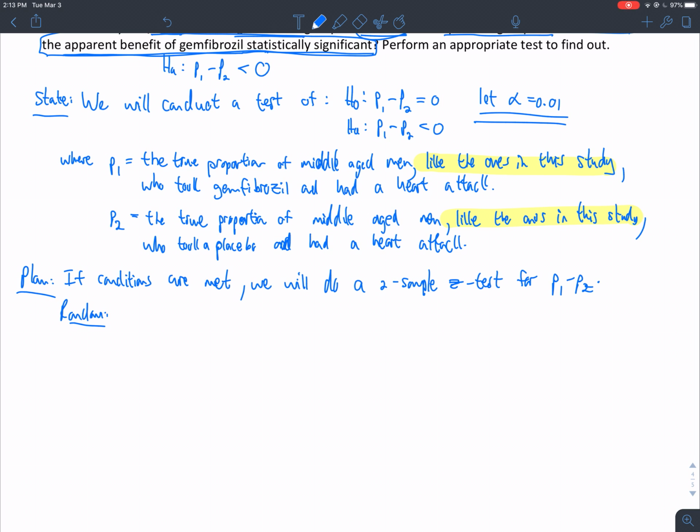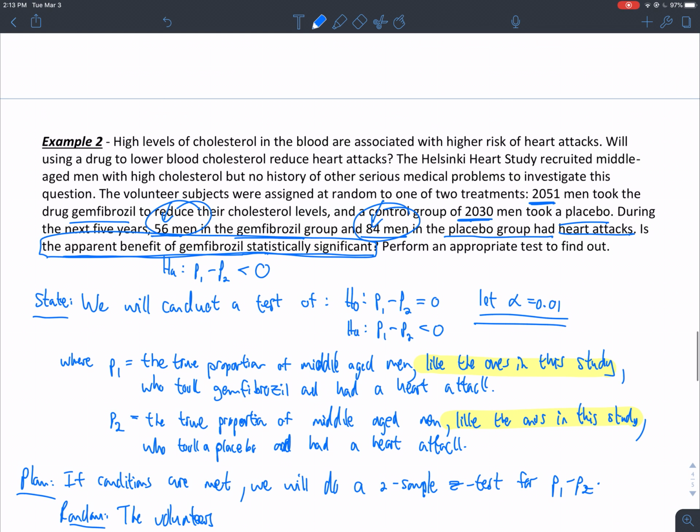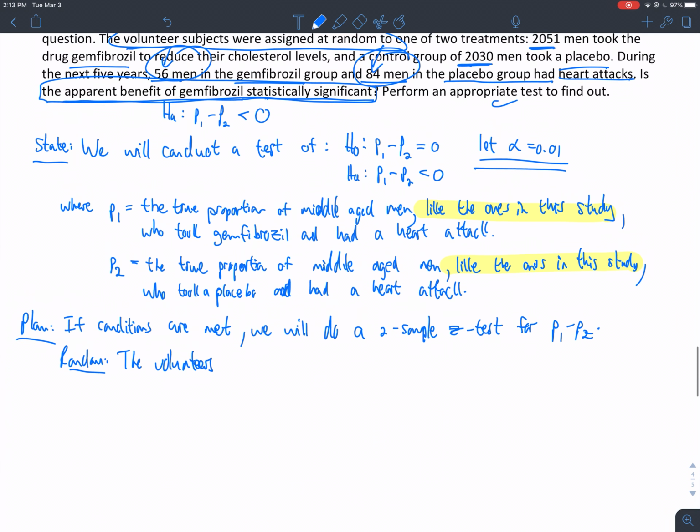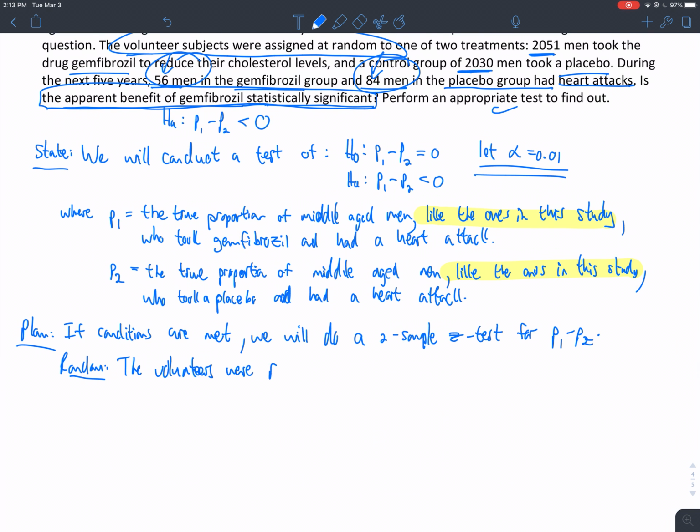You don't say random sampling. You say the volunteers were assigned at random. So you say the volunteers were randomly assigned to groups.